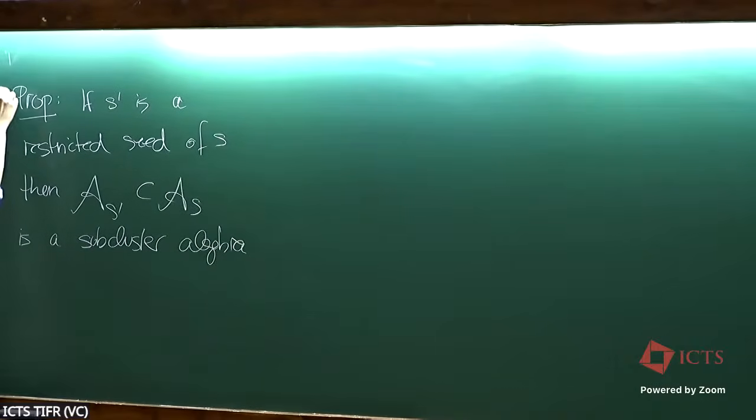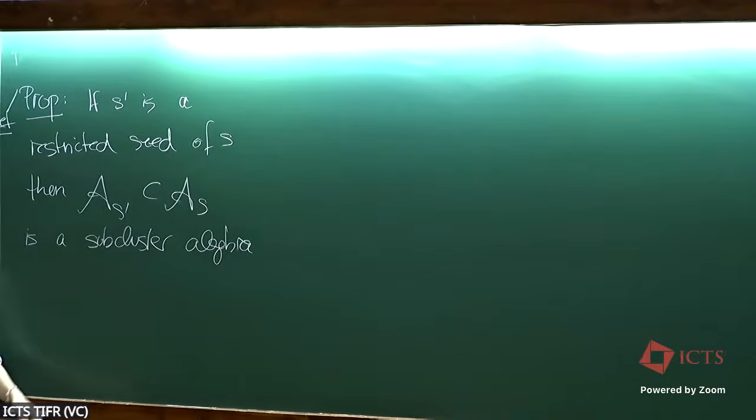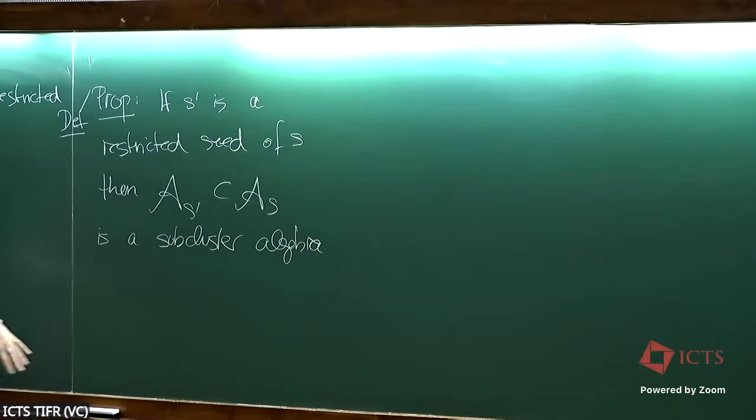And maybe I should call this also a definition, because that would be my definition of what a subcluster algebra is. It's a subalgebra that has a cluster structure that is compatible.